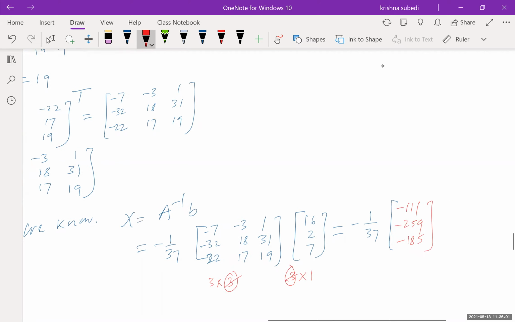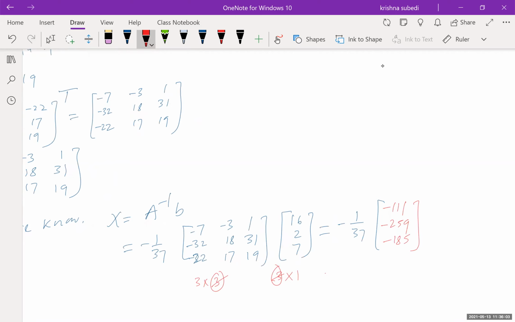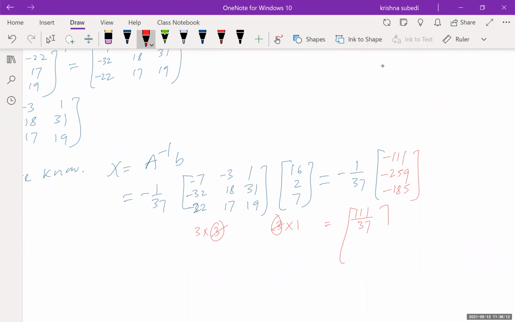So therefore, negative and negative gives positive: 111 divided by 37, 259 divided by 37, and 185 divided by 37.